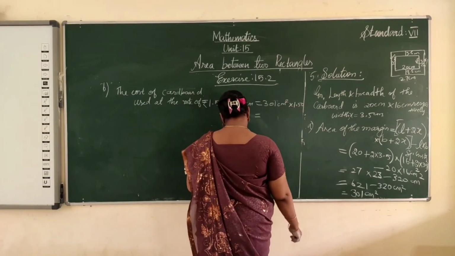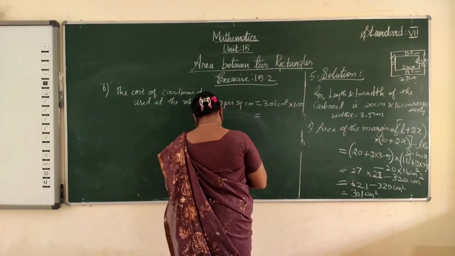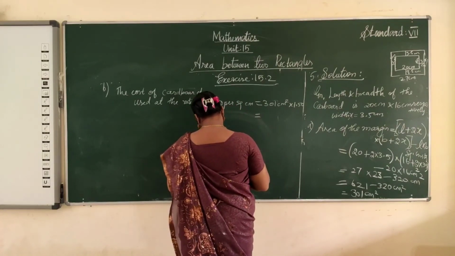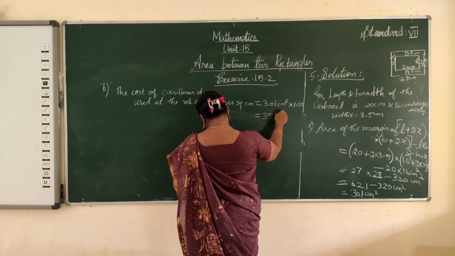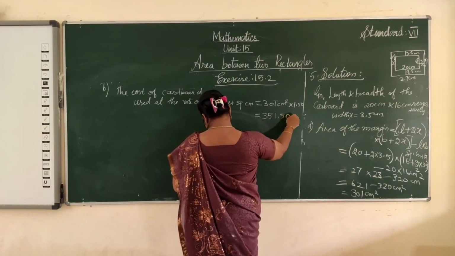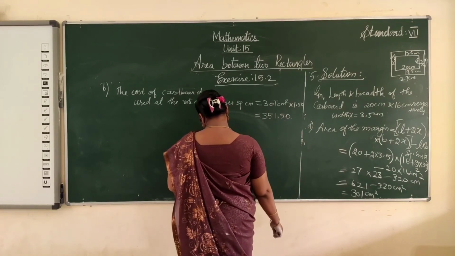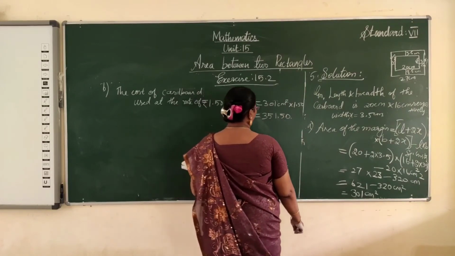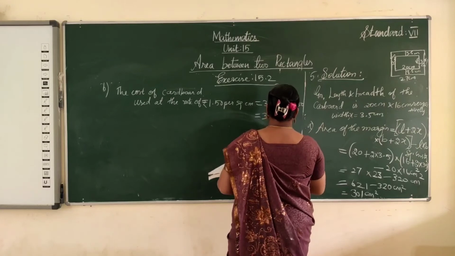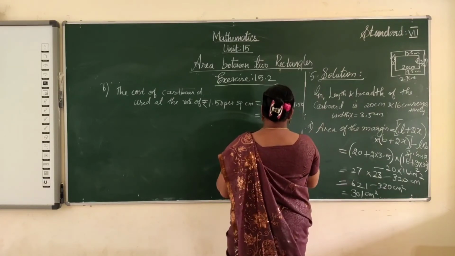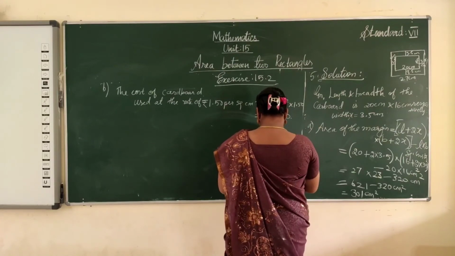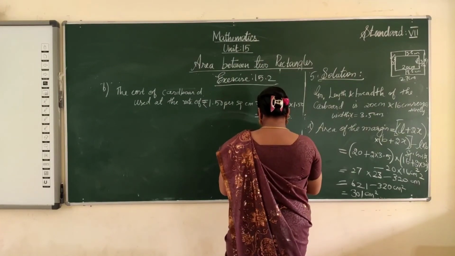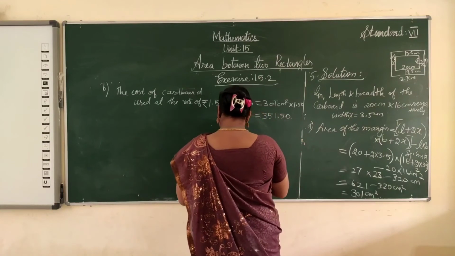So multiply these values. 451.50 rupees. Fifth problem.